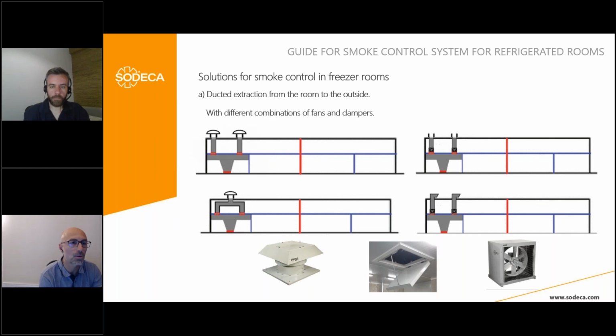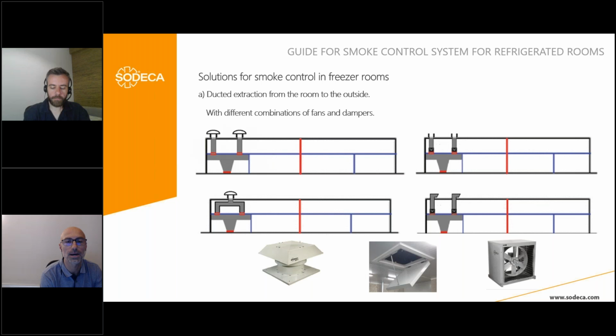We can do it one by one, let's say one damper, one exhaust fan, or we can connect more than one damper to this exhaust fan. In this case, we would use this kind of damper. We will see the characteristics later on.